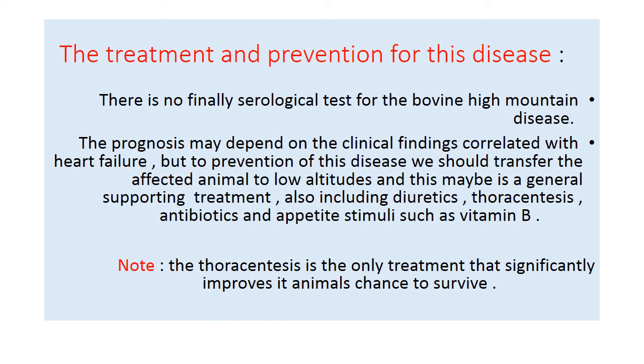But for prevention, we should transfer the affected animal to low altitudes, and this may be a general supporting treatment, also including diuretics, antibiotics, and appetite stimulants such as vitamin B.